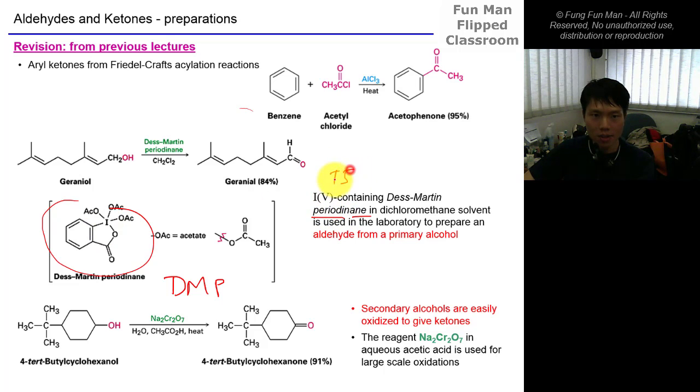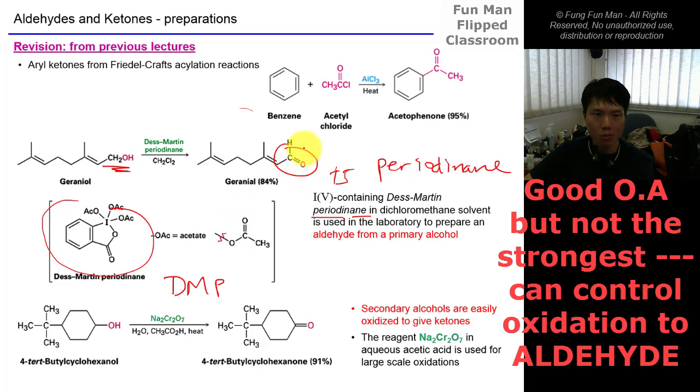Iodine is taking an oxidation state of +5. So it's actually called periodinane. So this is a good oxidizing agent that could convert a primary alcohol into an aldehyde. Very stable. It won't go on to the carboxylic acid. It will stop here at the aldehyde.